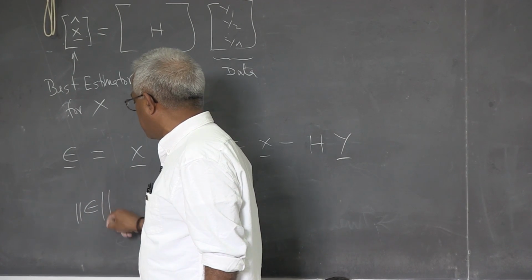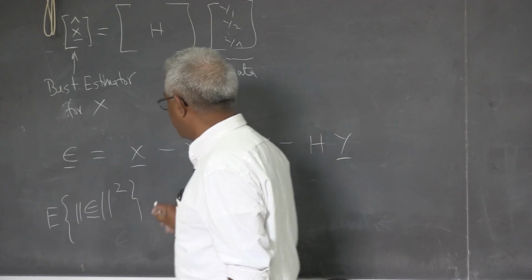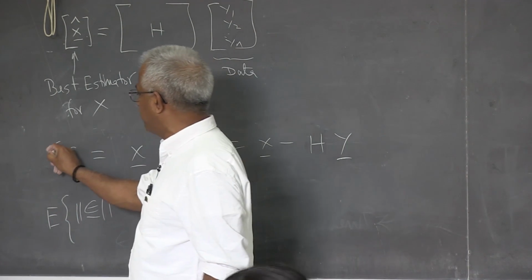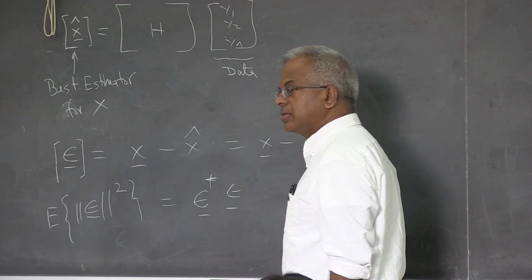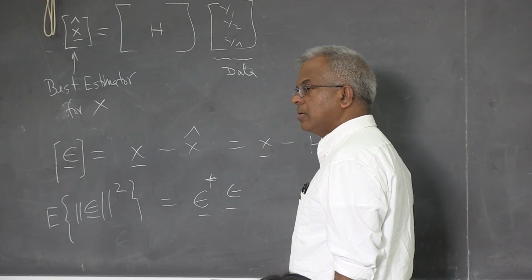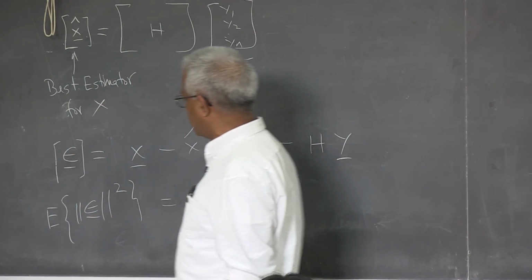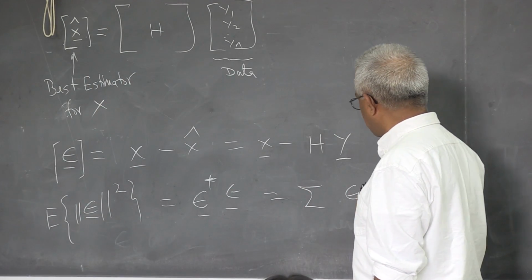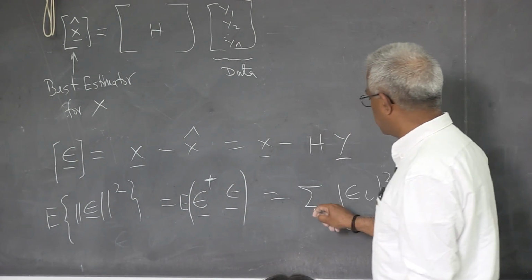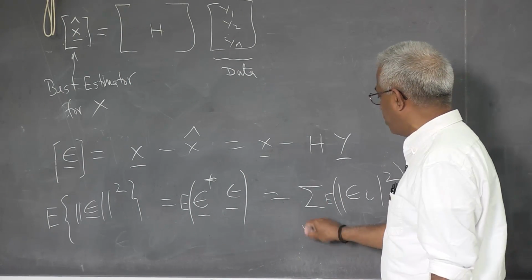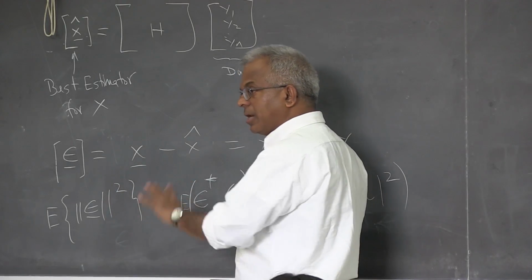So this is the norm of this, which is the same as, if epsilon is a column vector like this, then epsilon star epsilon will be a scalar, right? Because epsilon star goes the other way. So this is the same as the sum of epsilon i squared, expected value. This is one way to go. There are other norms we could use, but let me deal with this one.